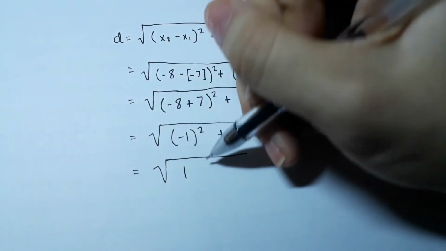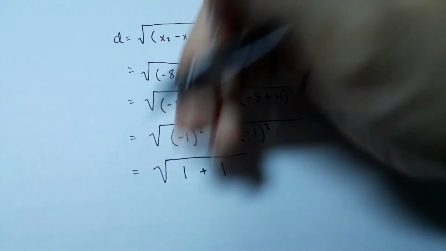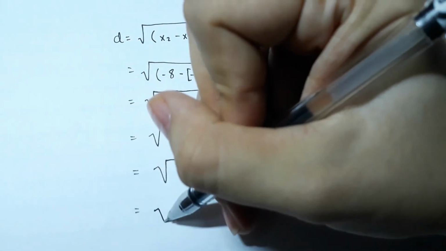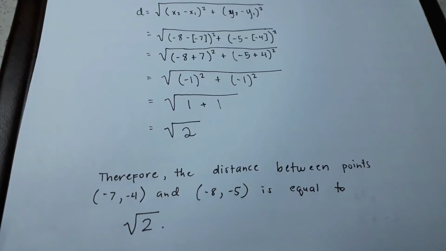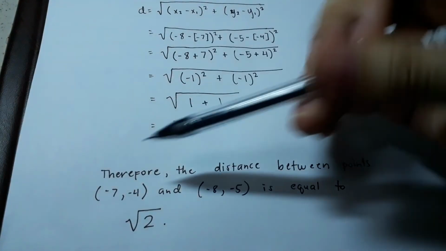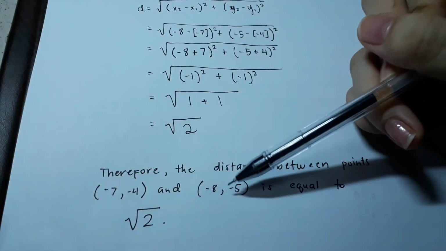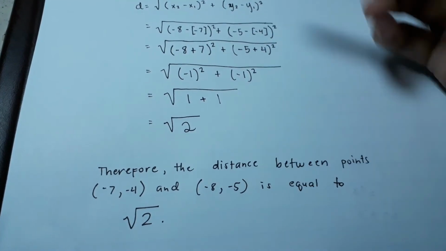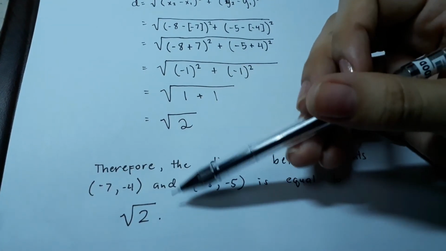The same with this. So 1 plus 1 is equal to 2. Therefore, the distance between the points negative 7, negative 4, and negative 8, negative 5 is equal to square root of 2.